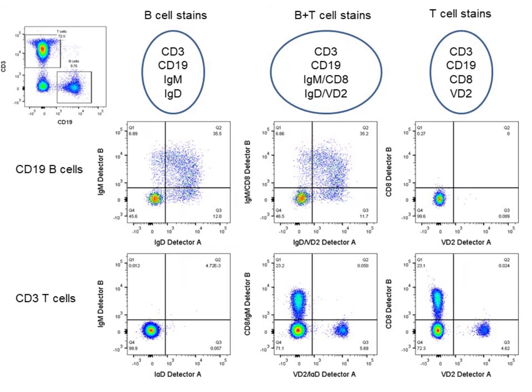And the same, if you look at the bottom right, you see a CD8 V delta 2 staining of CD3 cells, and in the middle you see the same staining, but this time you have the IgM and IgD added in the staining, and it doesn't affect the level of detection, in terms of intensity of the signal and the frequency of cells you can detect.